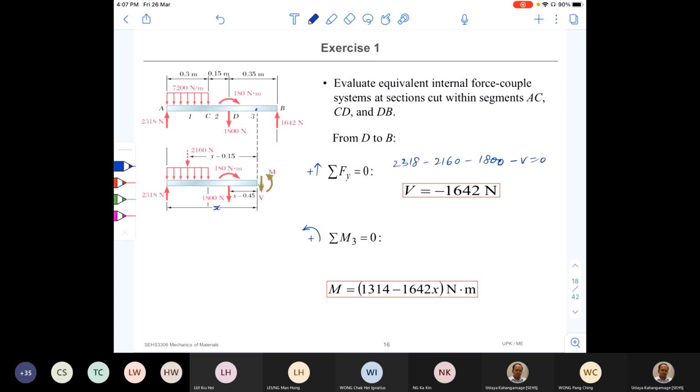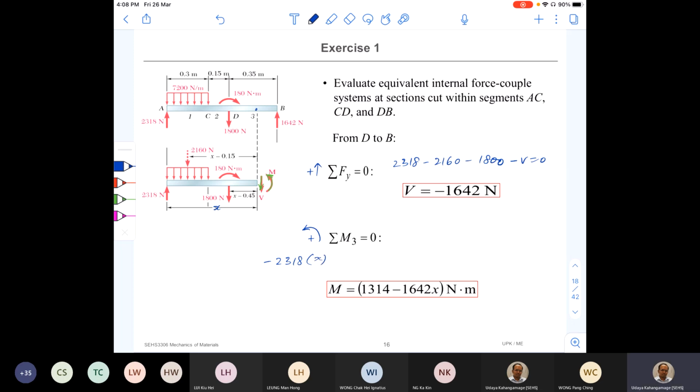Anybody? The reaction force 2318 will create a negative moment about point C, or positive? Negative. Okay, correct. So it is negative 2318 and the distance is x.